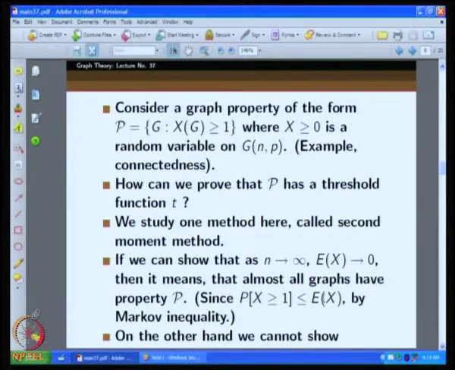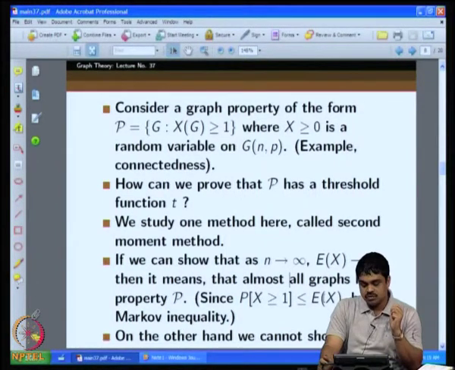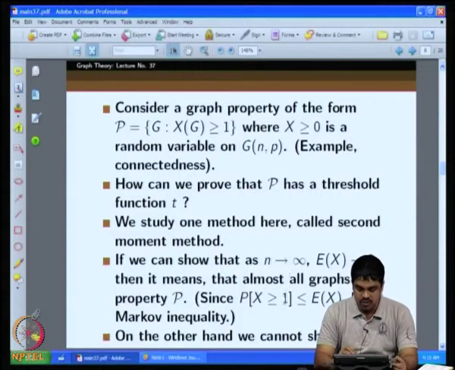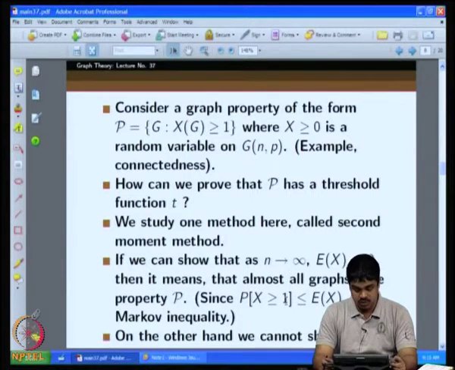But on the other hand, can we use the same technique to show that the probability of X equal to 0 tends to 0? That means when you want to show that this probability is high, approaching 1, we may want to show that the probability of X equal to 0 tends to 0.